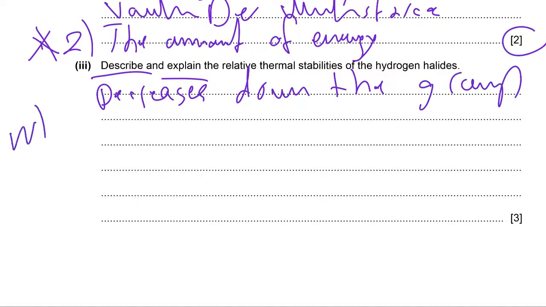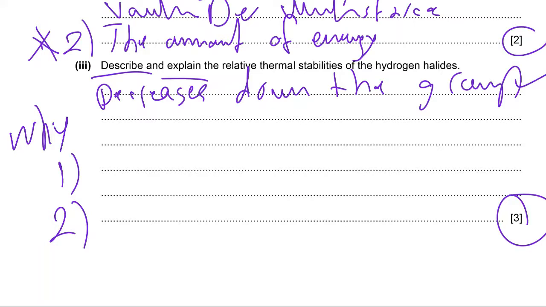Why? That means you need to talk about two reasons. One mark here and two marks for two reasons. The size of the halogens increases as you go down. So you need to talk about the size of the halogen, or the number of energy levels, or the shielding, or the atomic radius, which always increases as you go down the group.